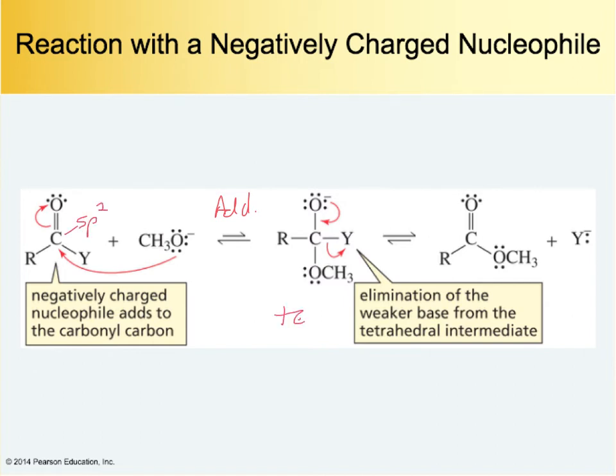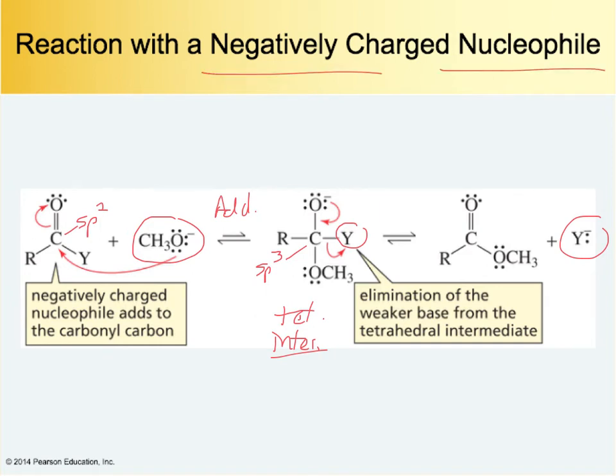Tetrahedral intermediate, so the tet intermediate. This carbon's now sp3. We kick out the better leaving group. Y minus must be more stable, less reactive than the OCH3 minus. And that's the negatively charged situation. Everything so far has been a negatively charged nucleophile adding to a carbonyl carbon.